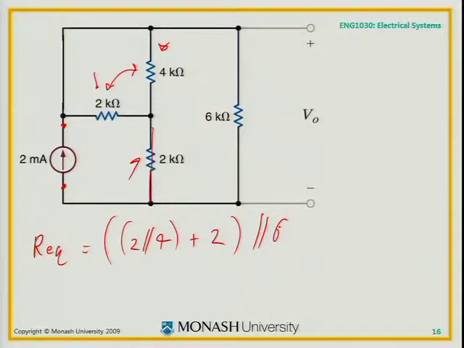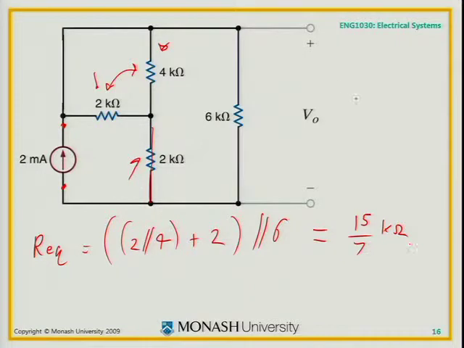So that's 2 in parallel with 4 is 8 on 6. I'll let you think about it, reduce it down, but it should come out at 15 on 7 k ohms. They're not nice numbers, but 15 on 7 k ohms as the equivalent resistance.